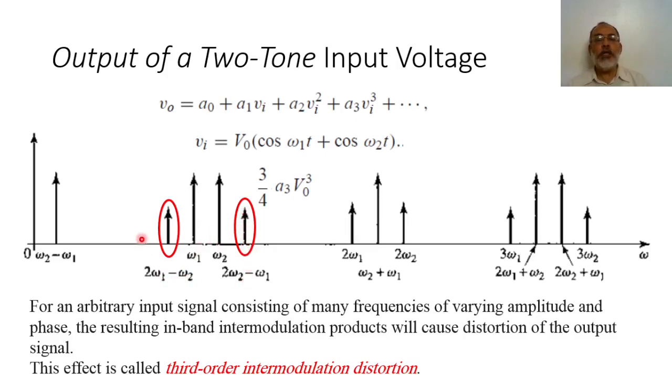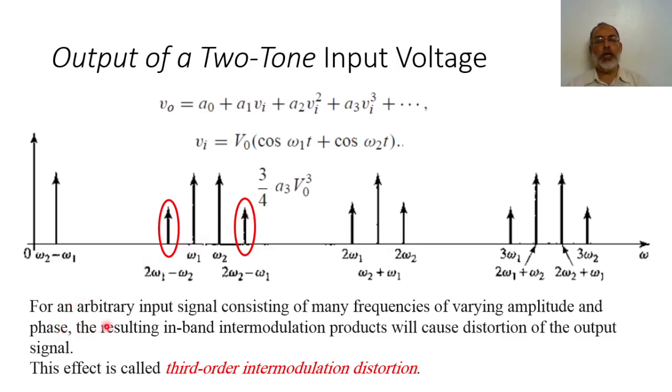The amplitude of this intermodulation distortion is 3 over 4 multiplied by the value of A3 of the nonlinear properties of the network multiplied by V naught cube of the amplitude of the input signal. So according to the value of A3 and according to the input signal, we can see what the effect of the intermodulation distortion is in this case.